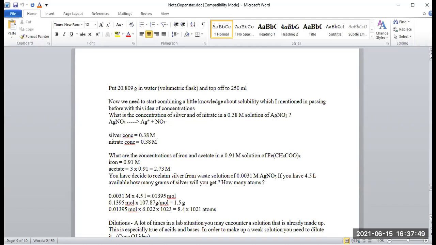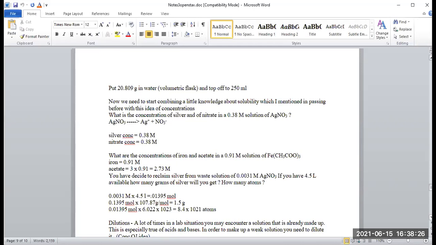I want to figure out what the concentrations of my silver and then of my nitrate separately are in my 0.38 molar solution. So look at my little equation there. If you drop molecules of silver nitrate into water, it will separate into pieces. The nitrate does not fall into separate pieces, and we're going to circle back to that idea when we start the next chapter.